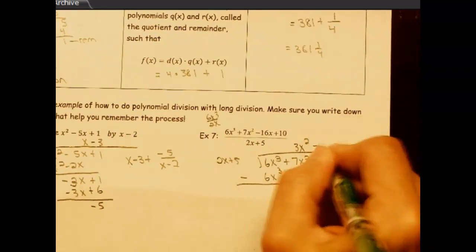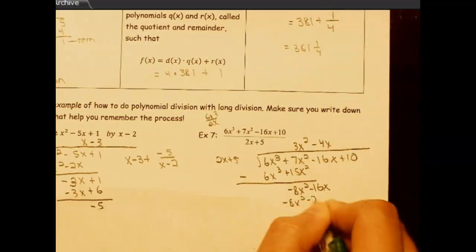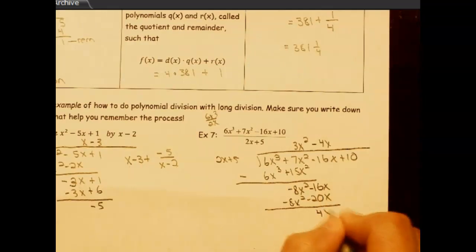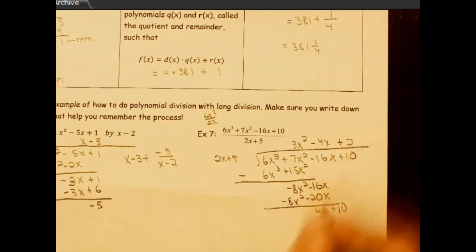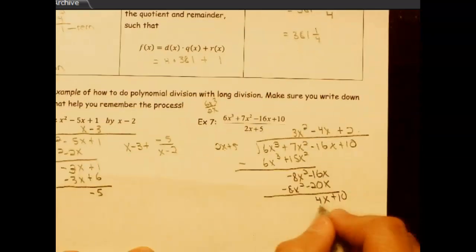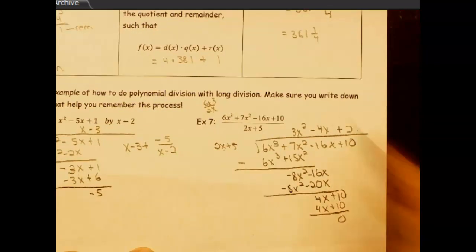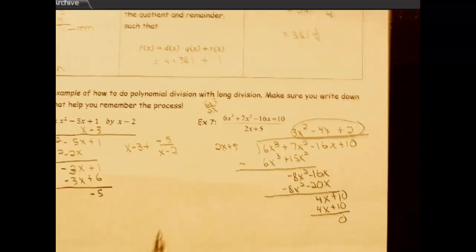I divide negative 4x, multiply, and subtract. And then again, 4x divided by 2x is 2. And in this case, we ended up with a remainder of 0. So there's our final answer.